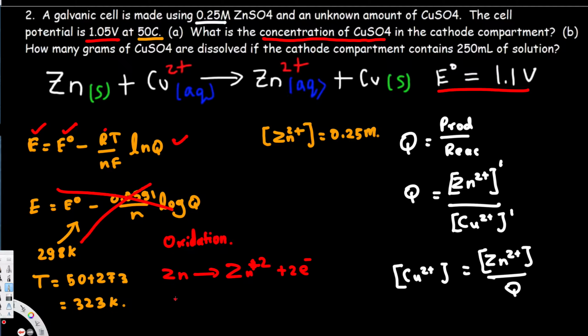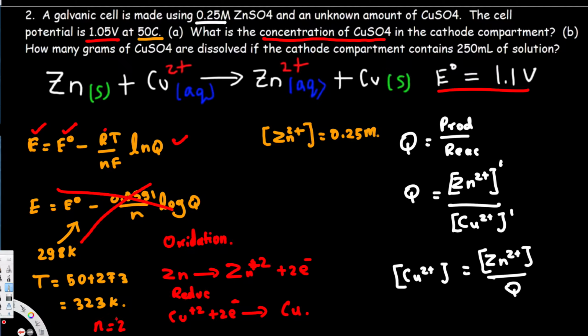Now let's look at the reduction half. That's going to be Cu2+. Again we have to put 2 electrons to balance this one, and on the other side we are going to have Cu. To balance this one, we use 2 electrons. So n, the number of electrons, is going to be equivalent to 2.